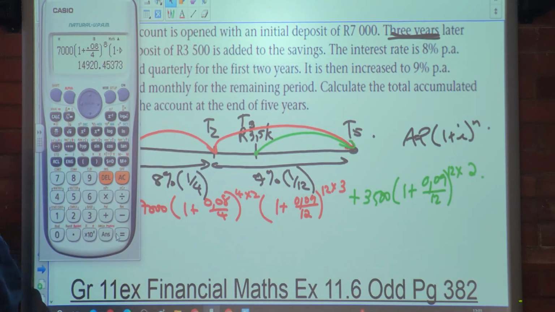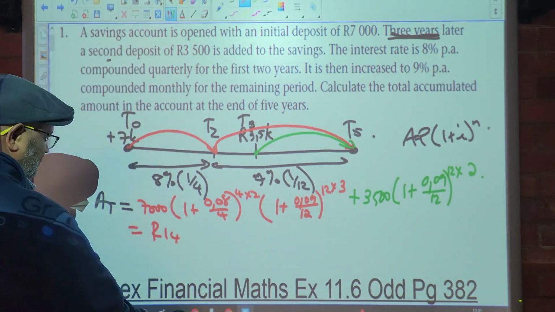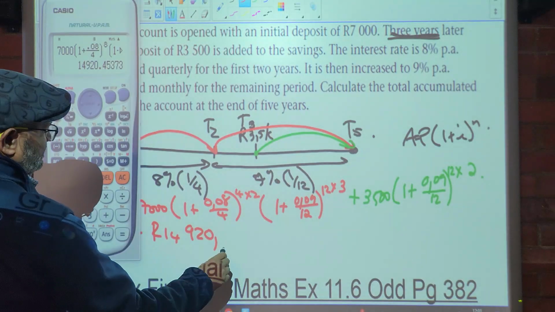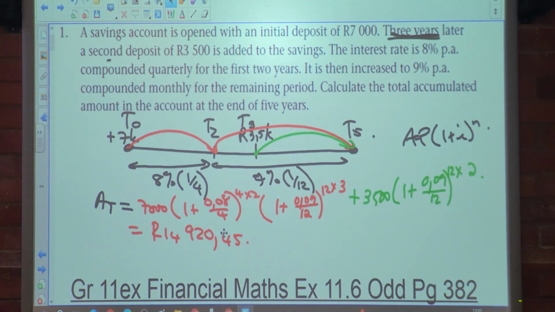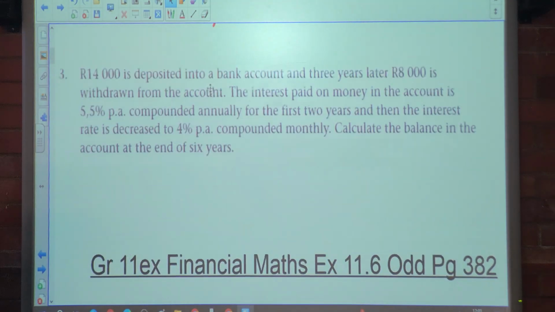Check if that's right. 14,920 rand and 45. Any confusion there? No? Let's go with number 2.